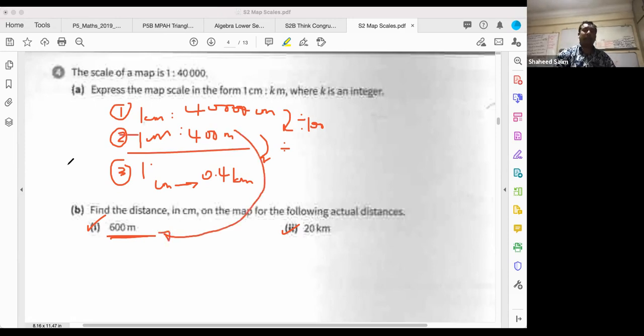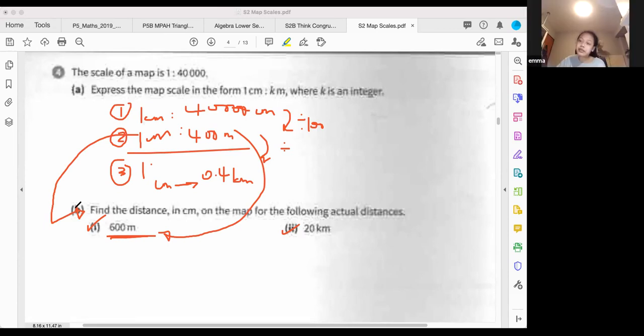Do the same thing then for the cm. Yes, 1.5. Do you get it?